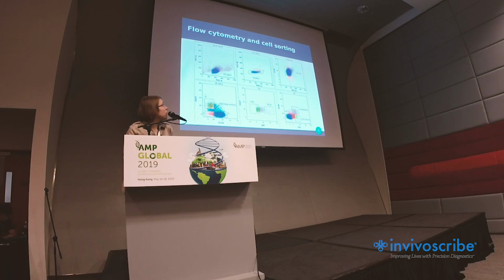This is our flow cytometry and cell sorting strategy. At first, we used the live gate for our cells, then we ruled out doublets. And to be really sure that we have only B cells in our analysis, we used CD20 positive B cells only. Then we subdivided by CD23 and CD27 expression.